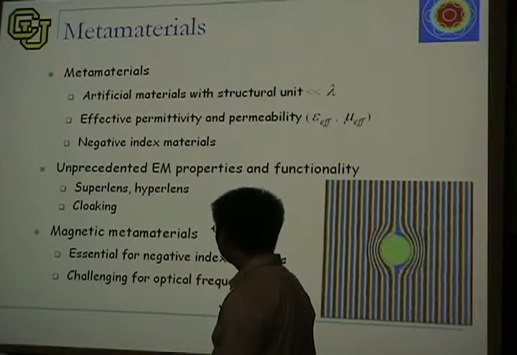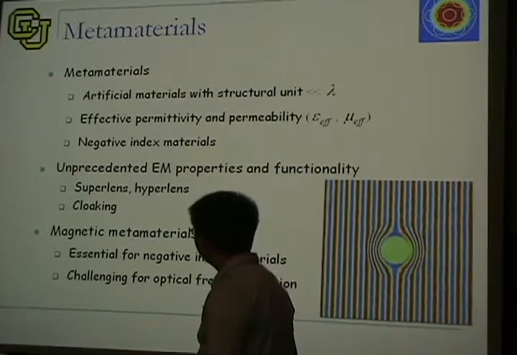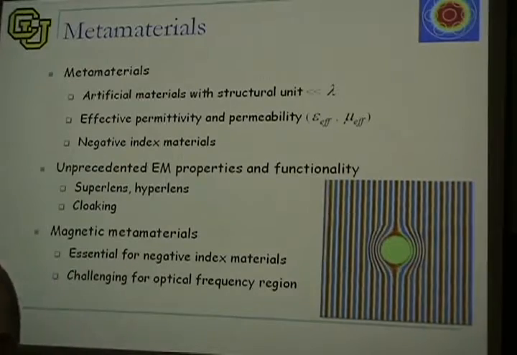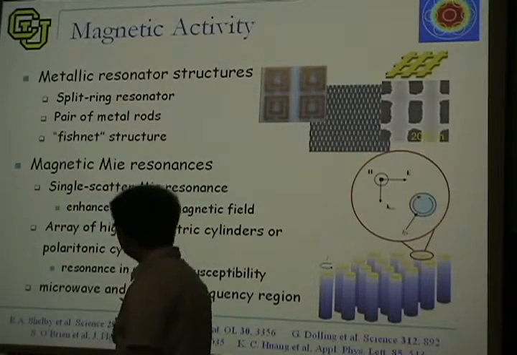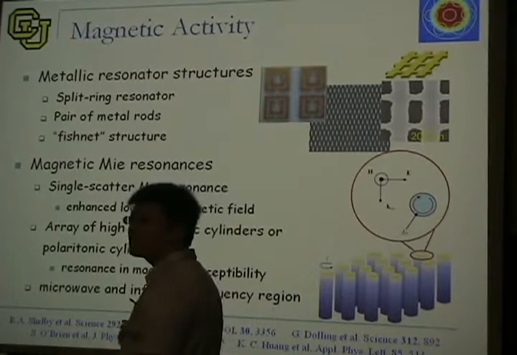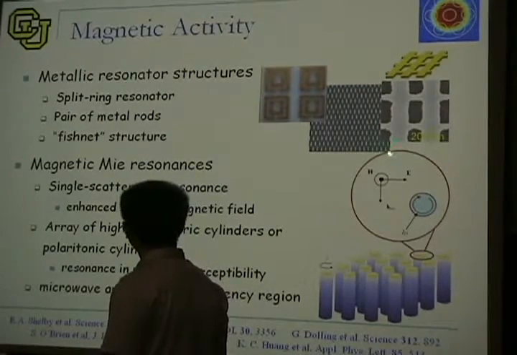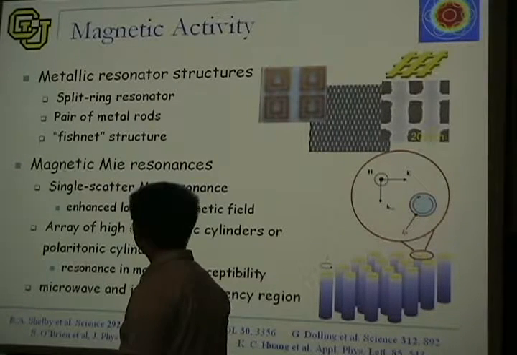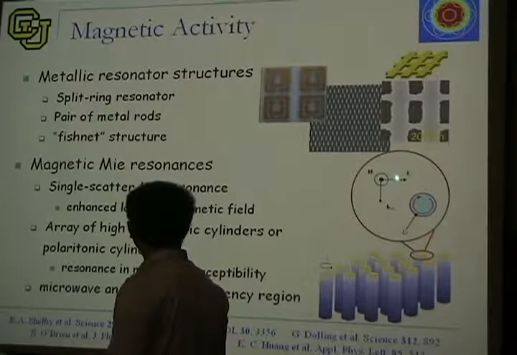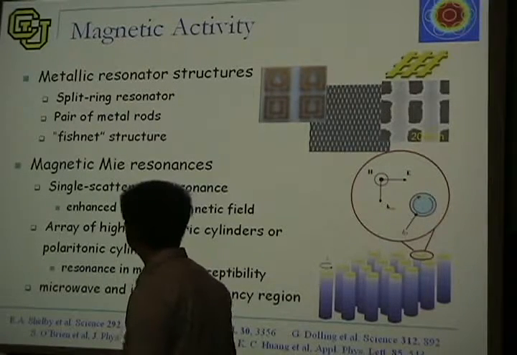So to have magnetic active materials is an essential part in this metamaterials research. Since the first demonstration of this split ring type of metamaterials, there has been intensive research going on using various types of metallic resonance structures, and we have seen a lot, from the previous talk, like these fishnet structures.